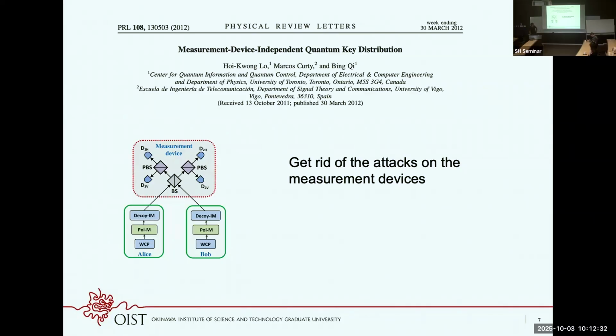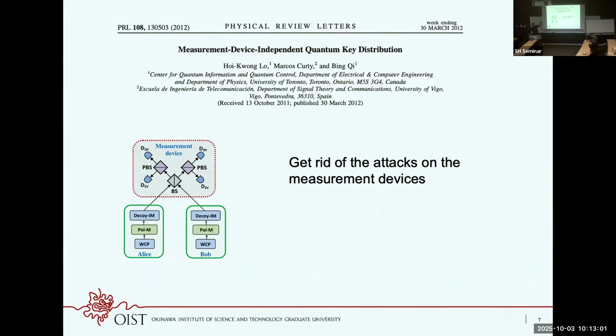The name is due to the fact that QKD, as I said, is ultra secure. But when you implement a QKD protocol, there can be many challenges, and there are many imperfections of the devices that you are using. For example, you have imperfections in your sources emitting the state, or imperfections in the measurement devices.